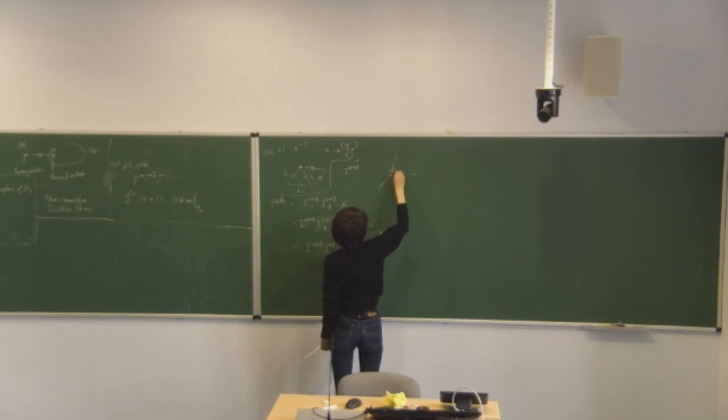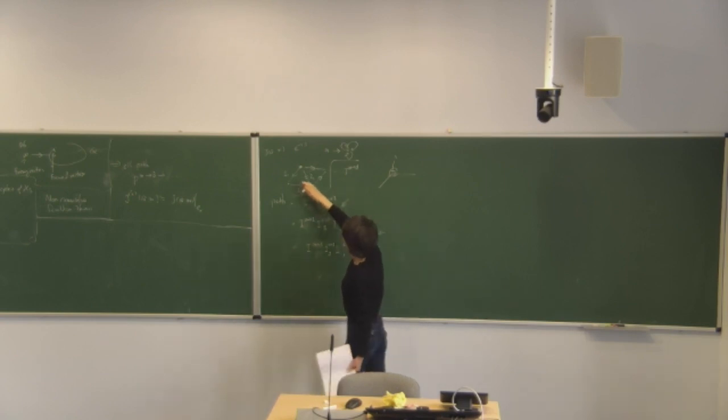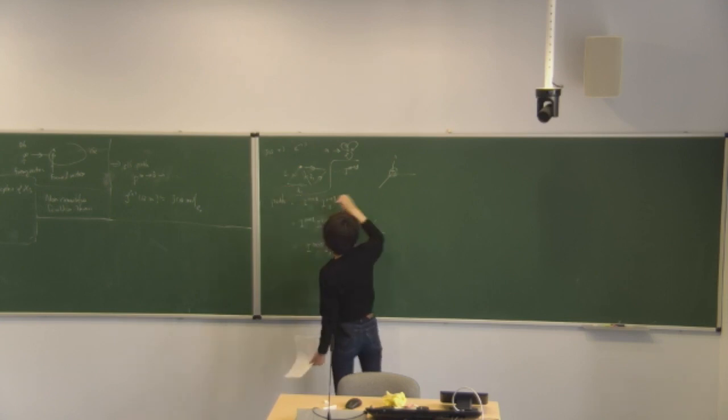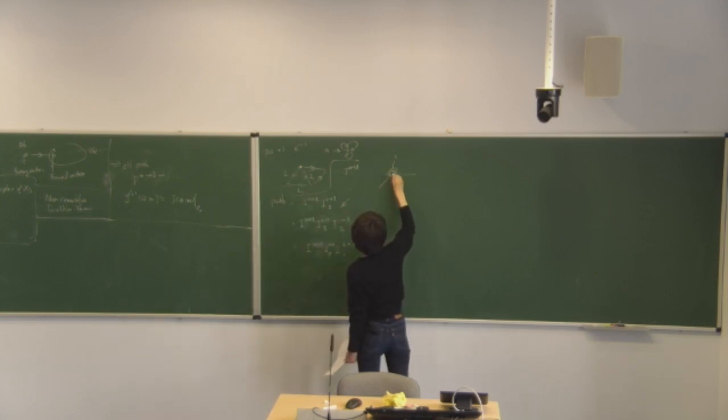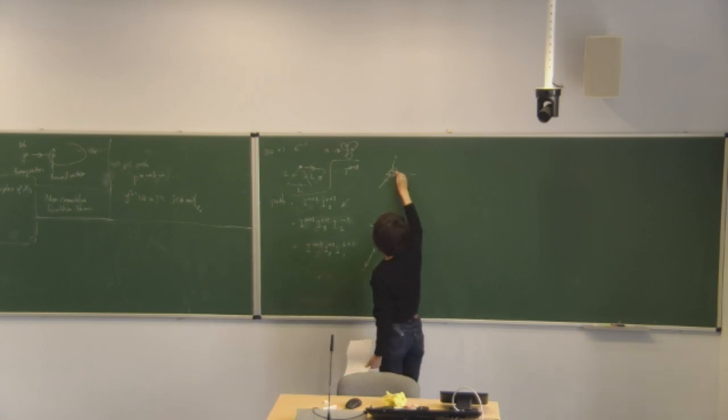The trivial path corresponds to the first box here, then the path along this first direction corresponds to this box, and this one corresponds to the path next to it.